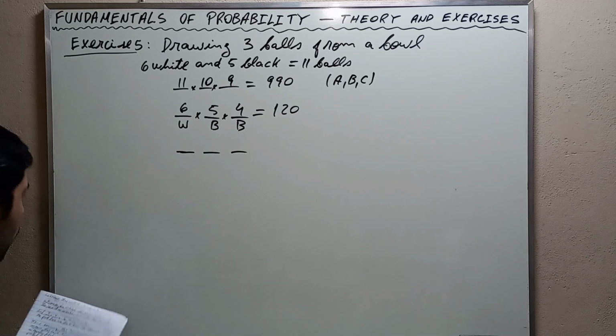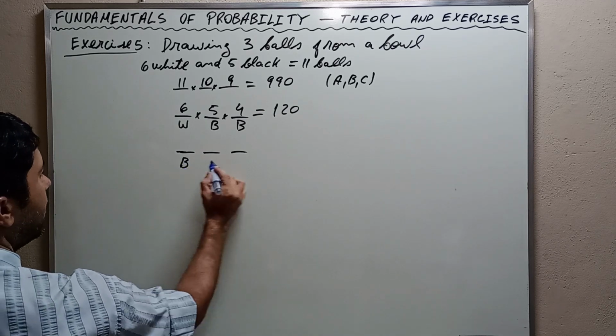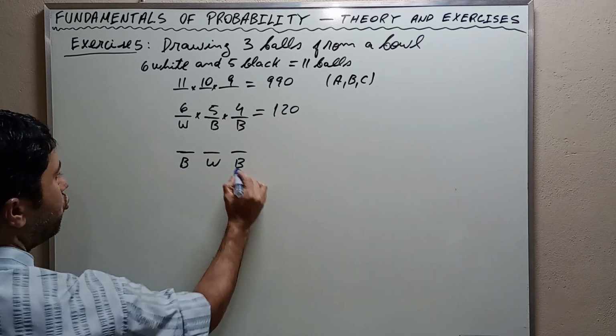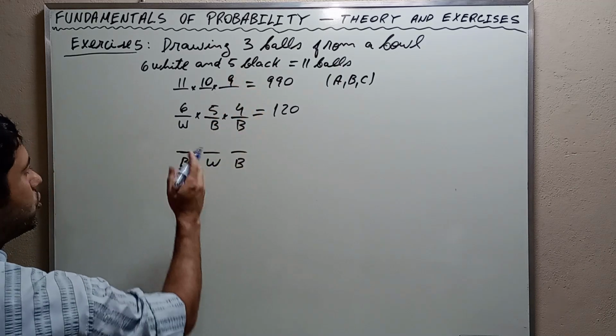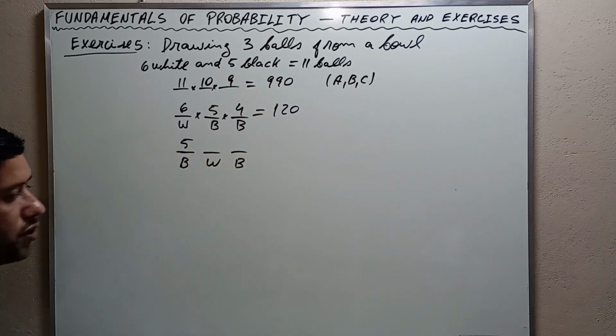We want here to be black, here to be white, and here to be black. If we want the first drawn ball to be black, we begin with 5 black balls, so we have 5 possibilities for the first removal.